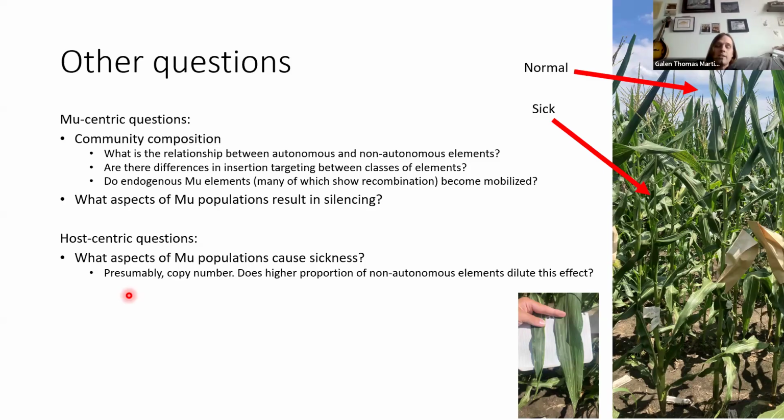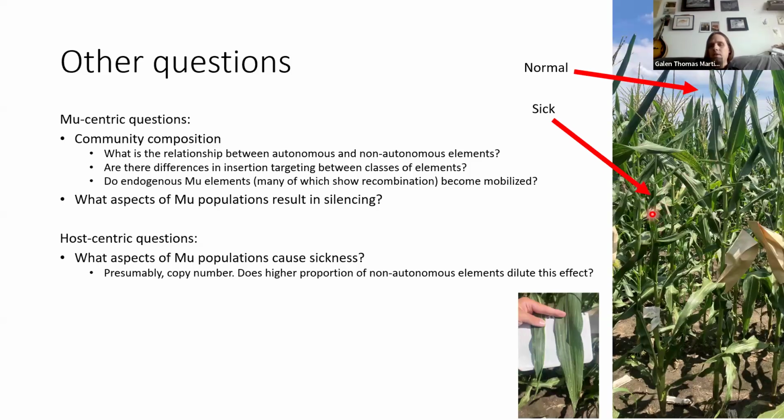So these mu sick plants, it's kind of hard to explain exactly what the difference in their phenotype is because it's a bunch of different stuff. It's a systemic issue where they tend to be really short and really thin and frail. They're late in terms of producing pollen.